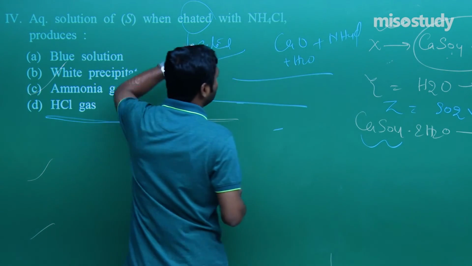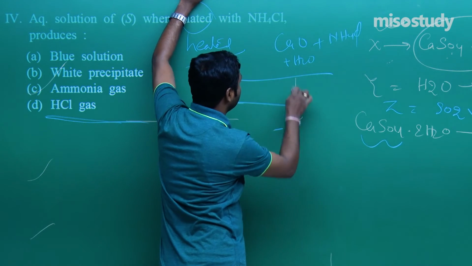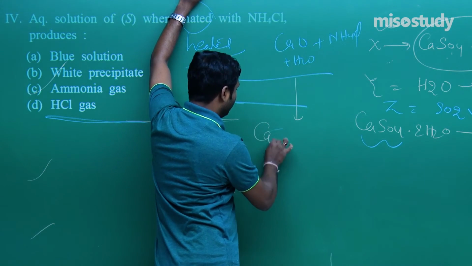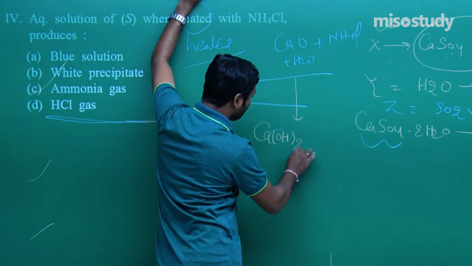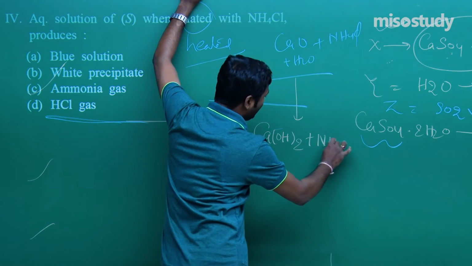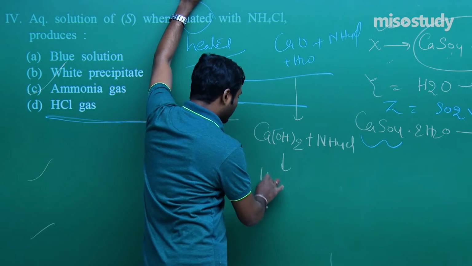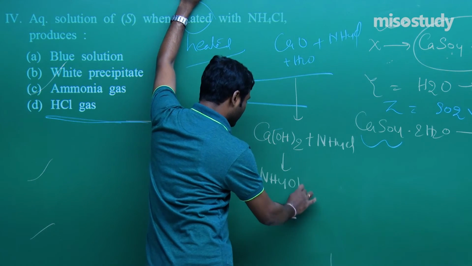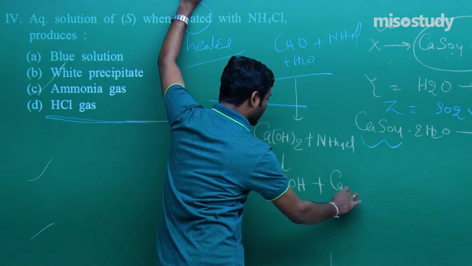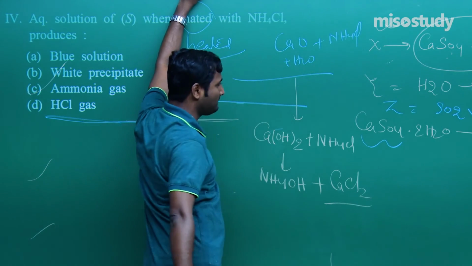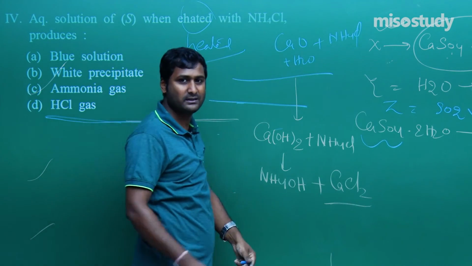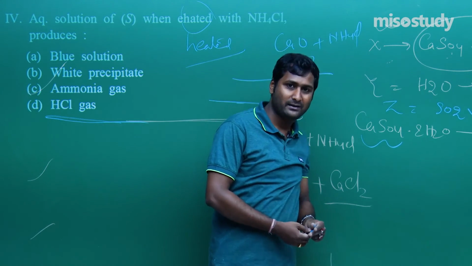What will happen? The reaction is like this: Ca(OH)2 plus NH4Cl. Okay, what will it give? So NH4OH, I'm not going to balance, this is a simple question, plus CaCl2. I know this is not very simple, but you have to focus on this, you have to go through the theory, then you can solve.